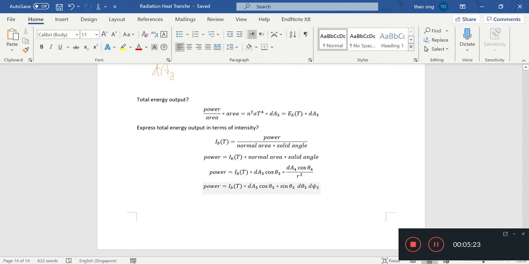Anyway, I think there should be an integral here, because you're supposed to integrate over all the areas, or rather integrate over all omega.